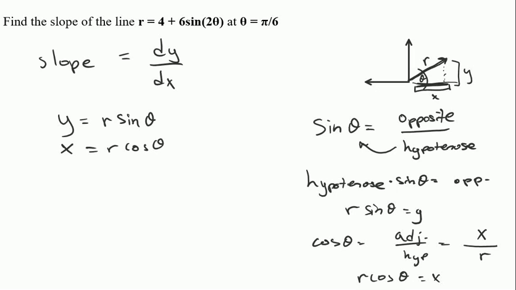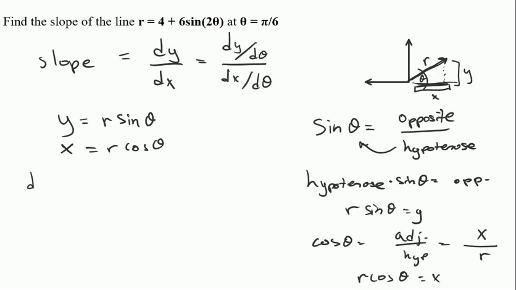Now, how are we going to find dy? How are we going to find dx? First, we can look at dy dx and say, hey, this is equal to dy d theta over dx d theta. Now, we can easily find dy d theta and dx d theta. We just have to remember something very important, which is the product rule.